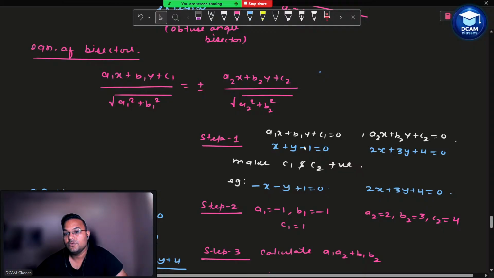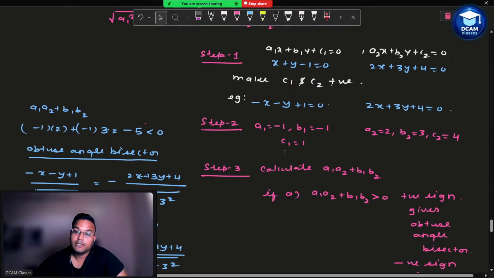So for the first equation, we make the constant positive by multiplying it by minus 1. We have to make the constants the same sign, positive.